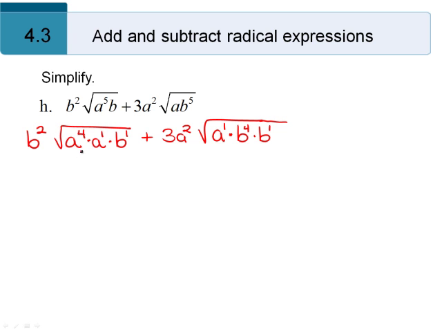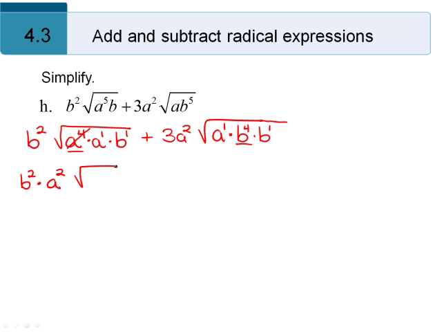So we have a to the 4th in the first radical, and in the second radical we have b to the 4th. All right. So anything that comes out on this first radical is going to get multiplied by the b squared. So it's going to be b squared times whatever we bring out. Well, the only perfect square we have here is a to the 4th. So if I take the square root of a to the 4th, that comes out as a squared. And a to the 4th is gone.